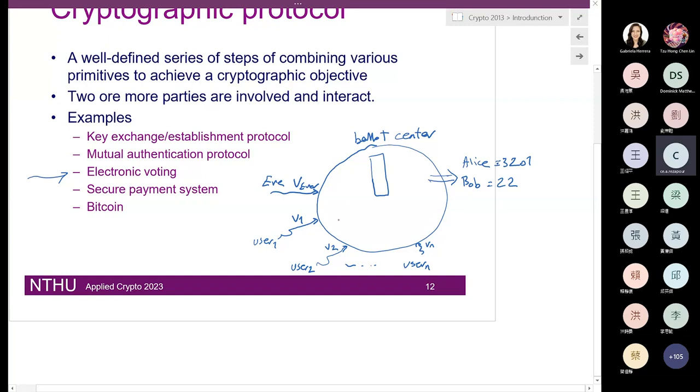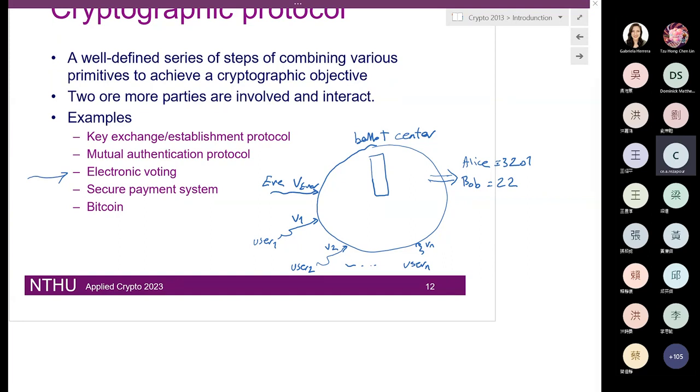If you design it in a very naive way, the center would share a key with every user, every user would encrypt its vote and send it, and then the center would recover that vote and do the counting. That would be the first naive way.